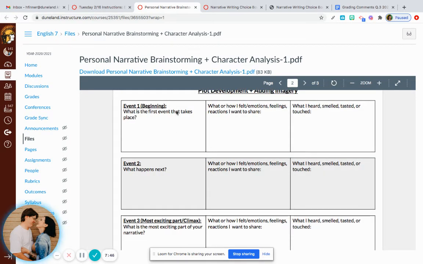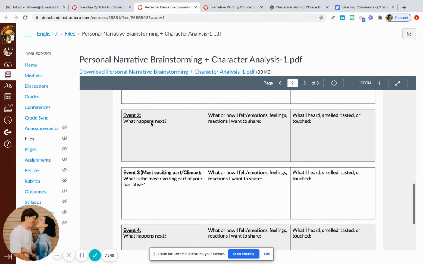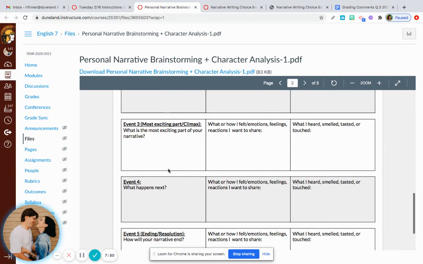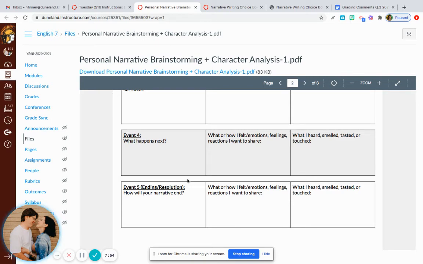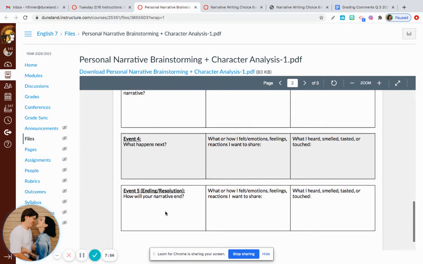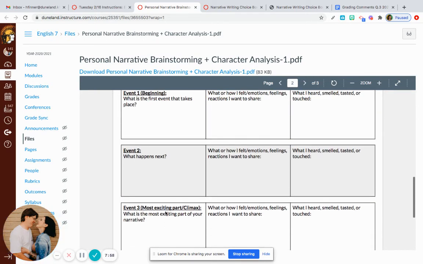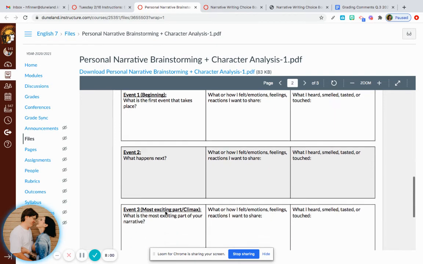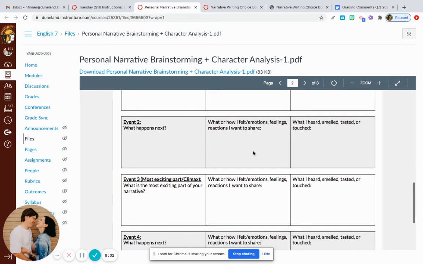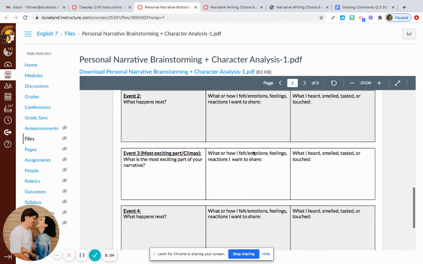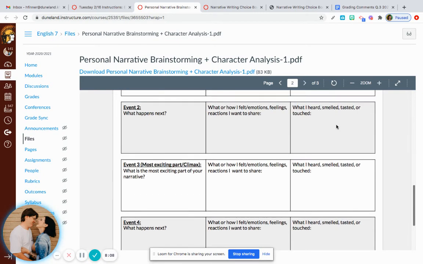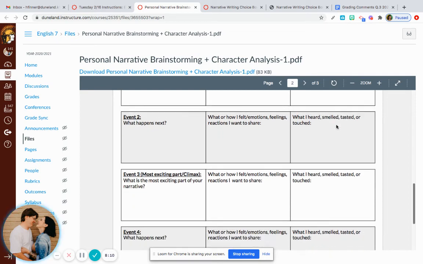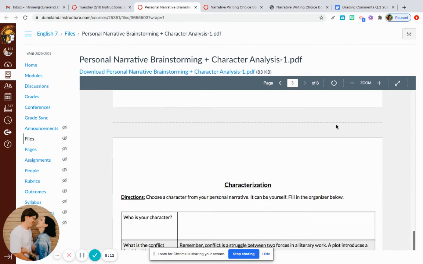We have our exposition, the rising action, the most exciting part or climax of your story, the falling action, and then the resolution or the ending. So you're planning out the 5 events that will shape your story, how you felt, or what kind of reaction you want to share maybe from another character, and then what imagery you encountered in that event. So just brainstorm ahead of time.